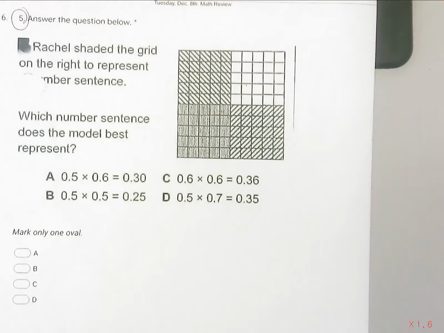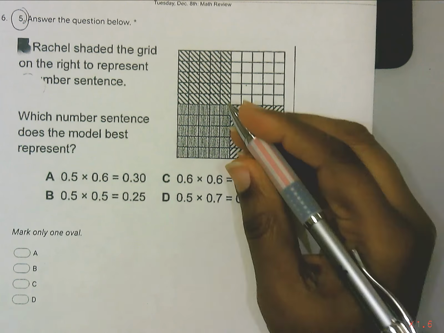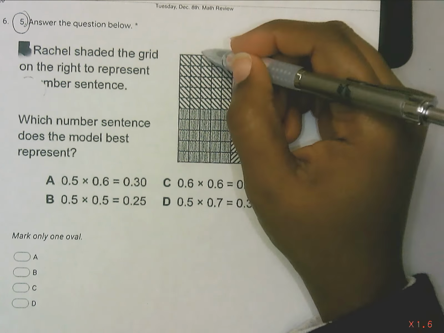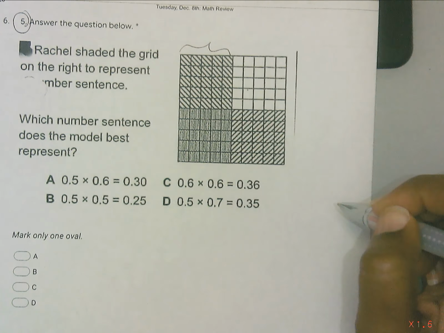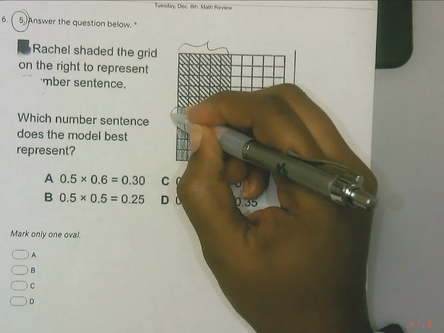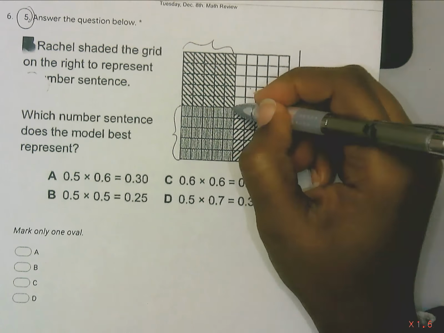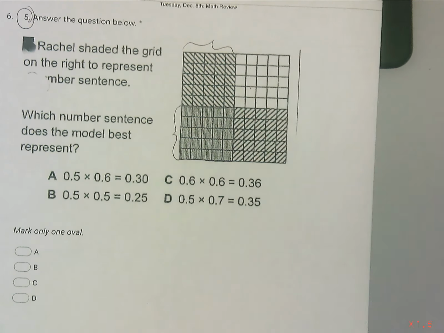It says Rachel shaded the grid on the right to represent a number sentence. Which number sentence best matches this model? So we have some shaded going down, and then we have some shaded going across. So we got to figure out, and then this is where it overlaps and shows our answer.